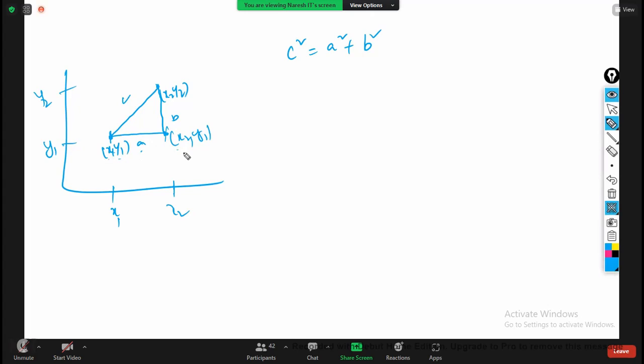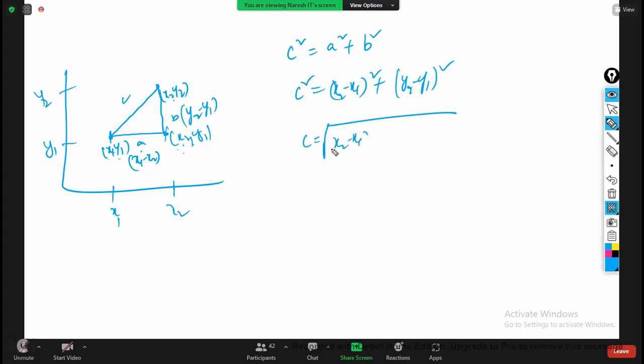So A is x1 minus x2 or x2 minus x1, either is fine because we square it. Similarly, here x2 is constant, so this is y2 minus y1. So C square is (x2 minus x1) whole square plus (y2 minus y1) whole square, and C is the square root of that.